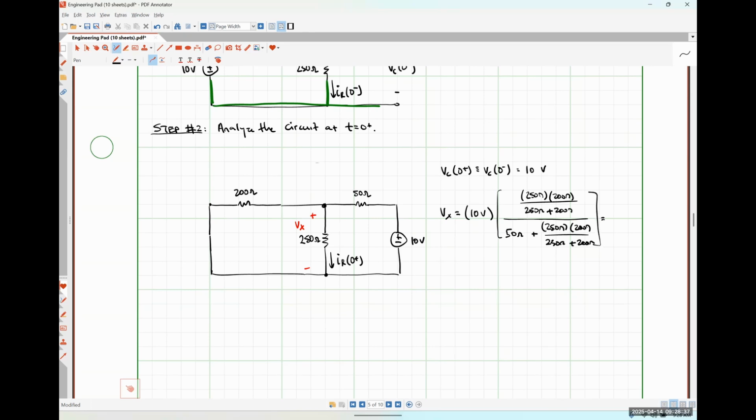So if I throw that into my calculator, if I type this in correctly, I got 200 over 29.